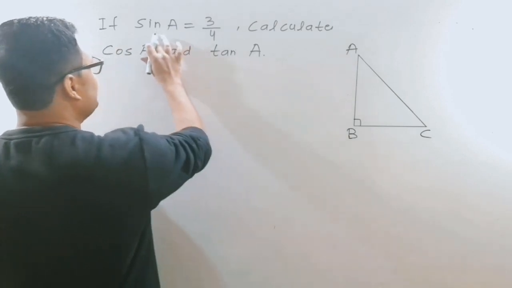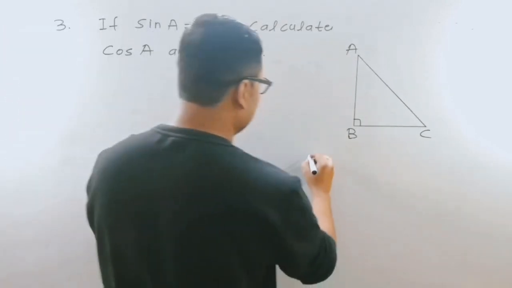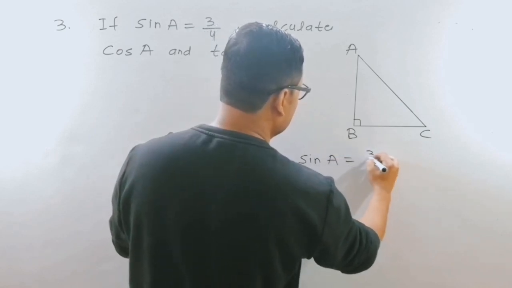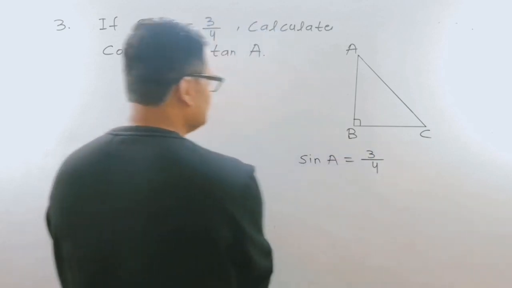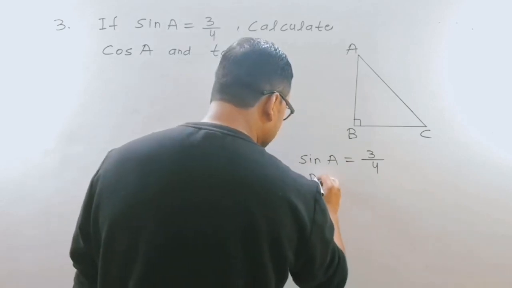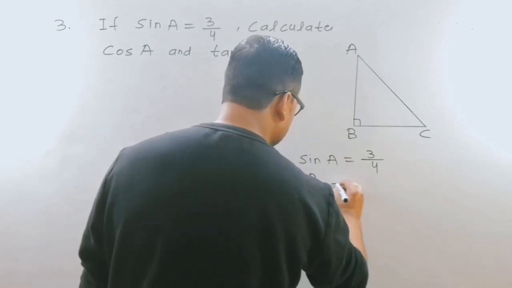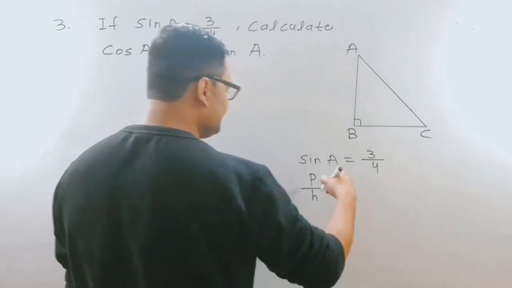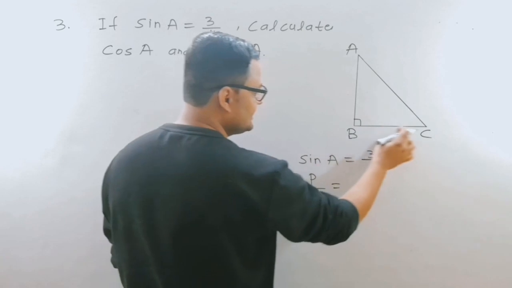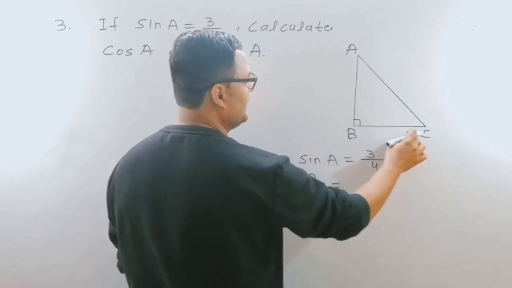Now it's given sin A equals 3 by 4. Sin A, what we know, is P by H, perpendicular by hypotenuse. For this angle A, this is the base, this is the perpendicular.